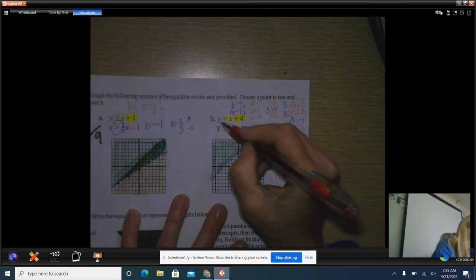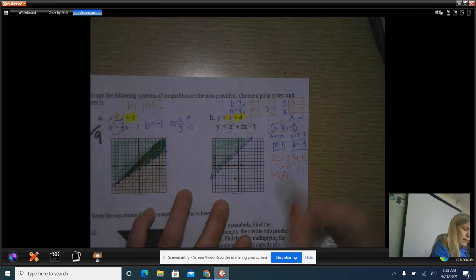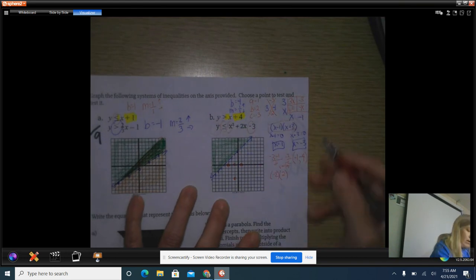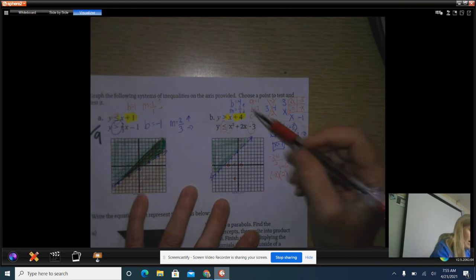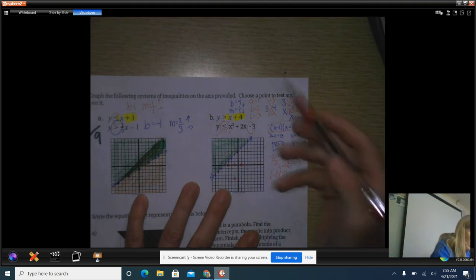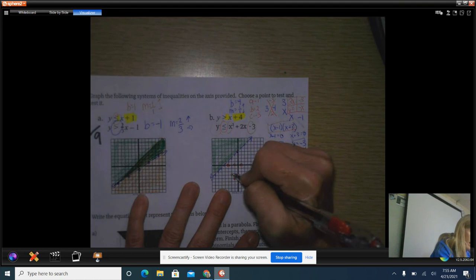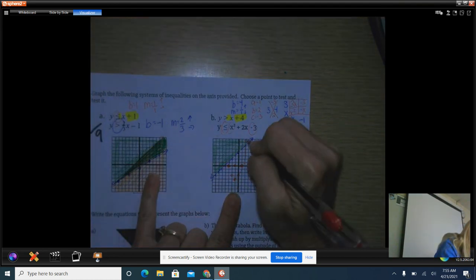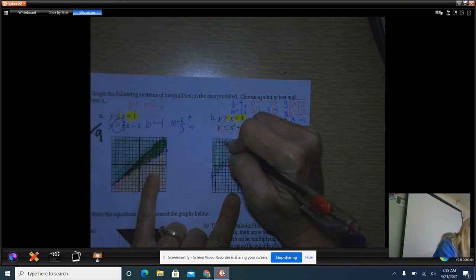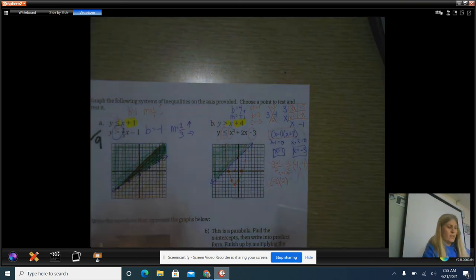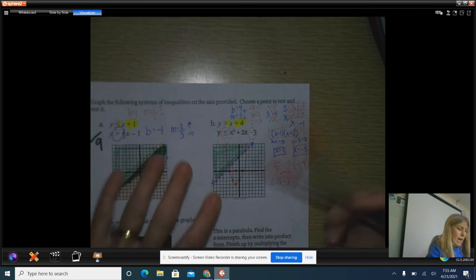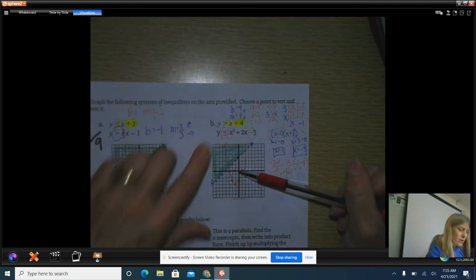Okay, I look at my inequality, and my inequality is a less than or equal to, and I also can plot my negative 3 on my y axis. And then I'm going to make my smooth curve with a solid line, and it's going to be less than, which is actually going to be on the outside. However, I'm going to verify with 0, 0.